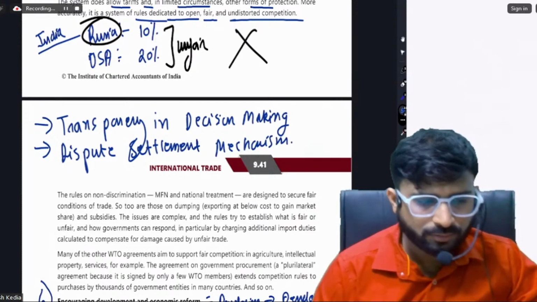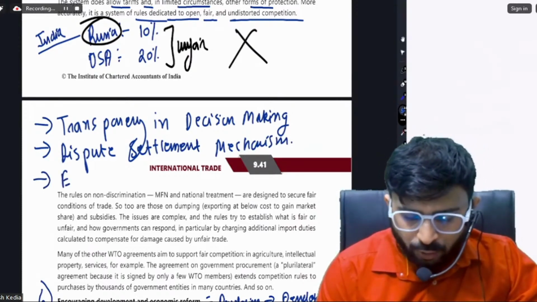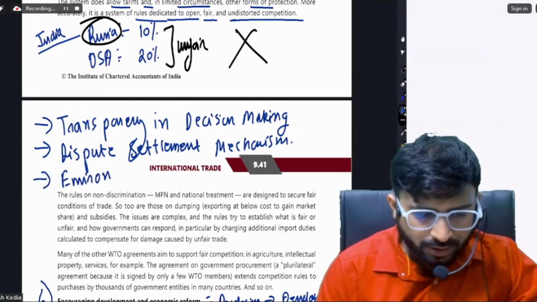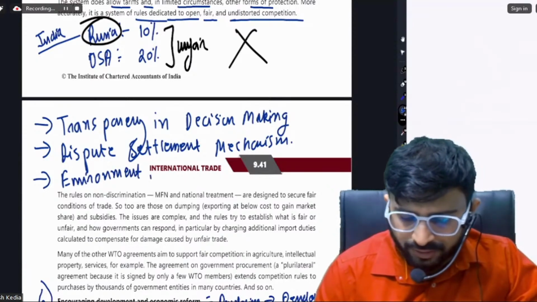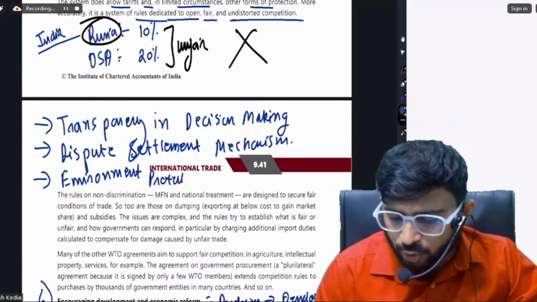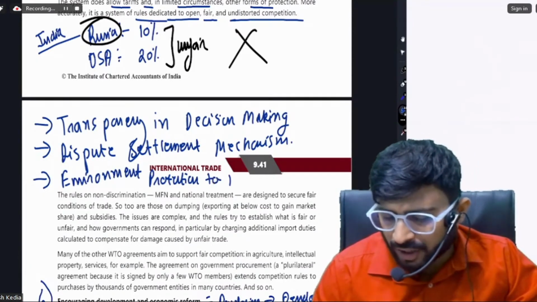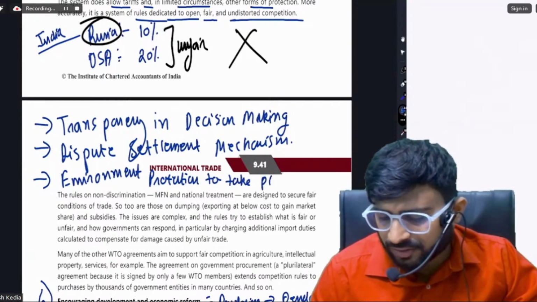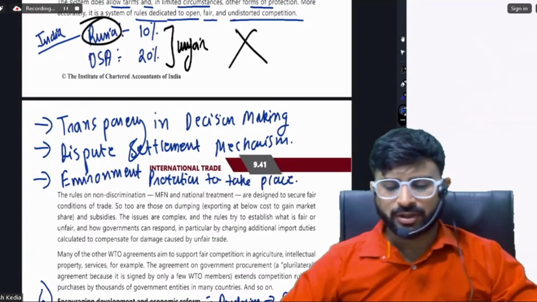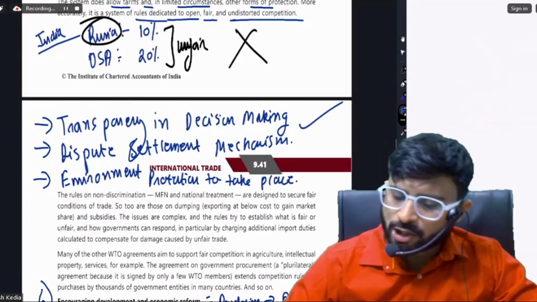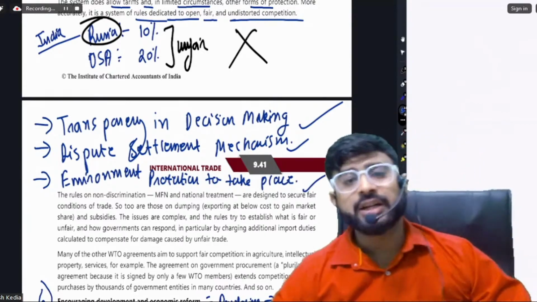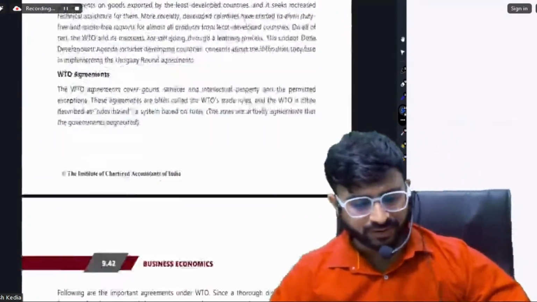Environment protection should take place. All this, please remember: transparency in decision making, dispute settlement mechanism, environmental protection.